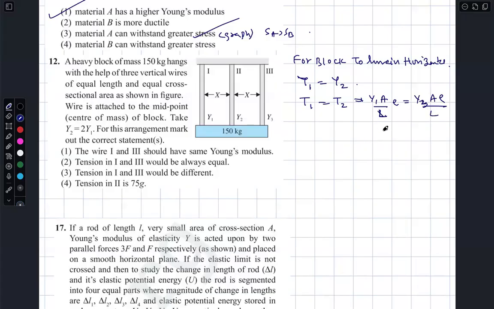Y, A same, L same, elongation same, because torques same, elongations same. So therefore tensions same. Therefore Young's modulus same. One is correct. Because 2 is available, I have answered 1. When 2 is correct, 3 is wrong.